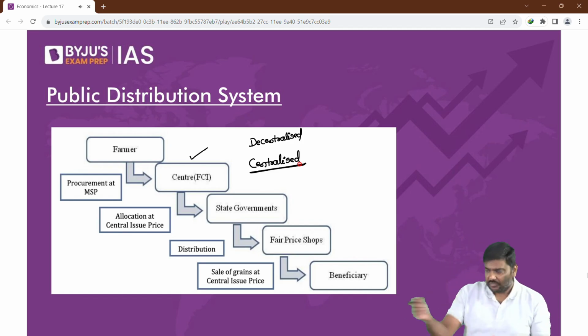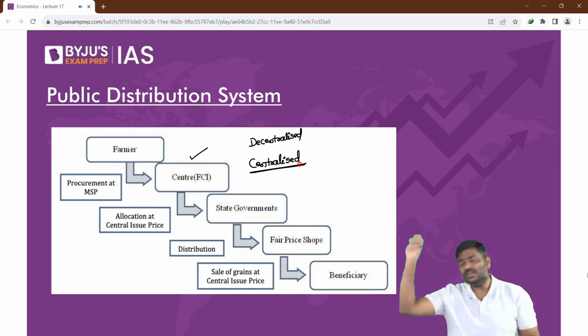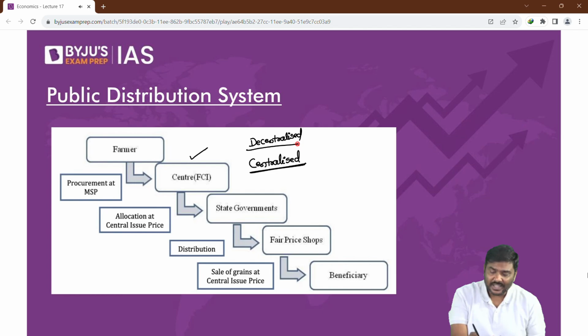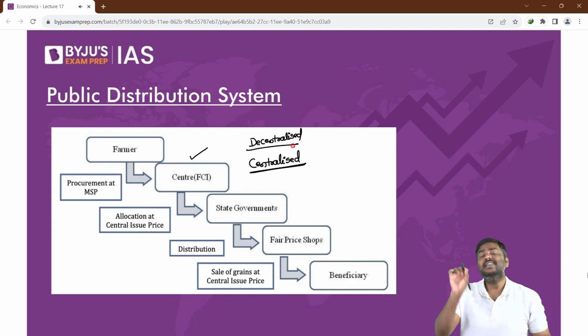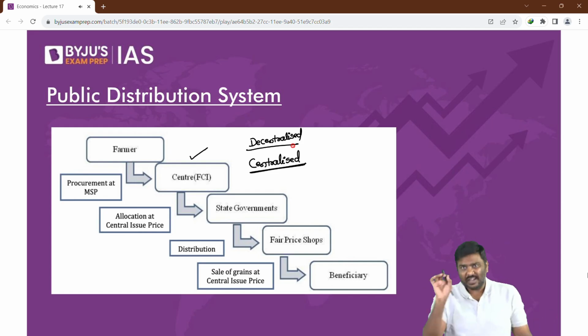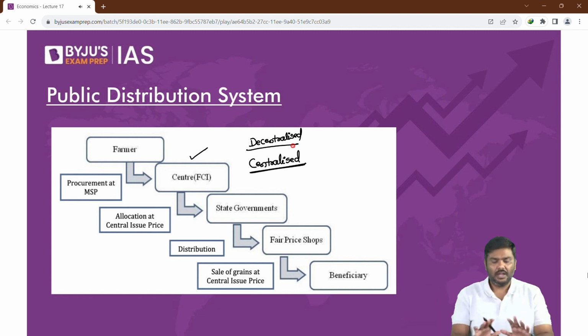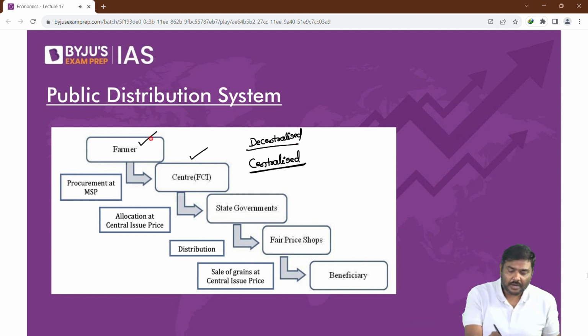Whereas in decentralized, the state government itself will purchase, store and distribute the food grains. For whatever activity the state governments do under decentralized, the central government will provide money for them. That is how centralized and decentralized activities are conducted.